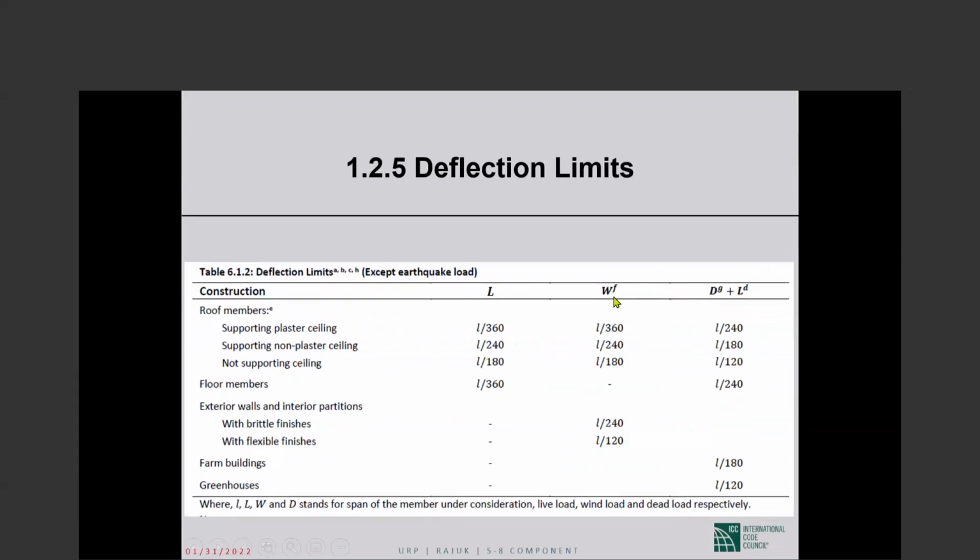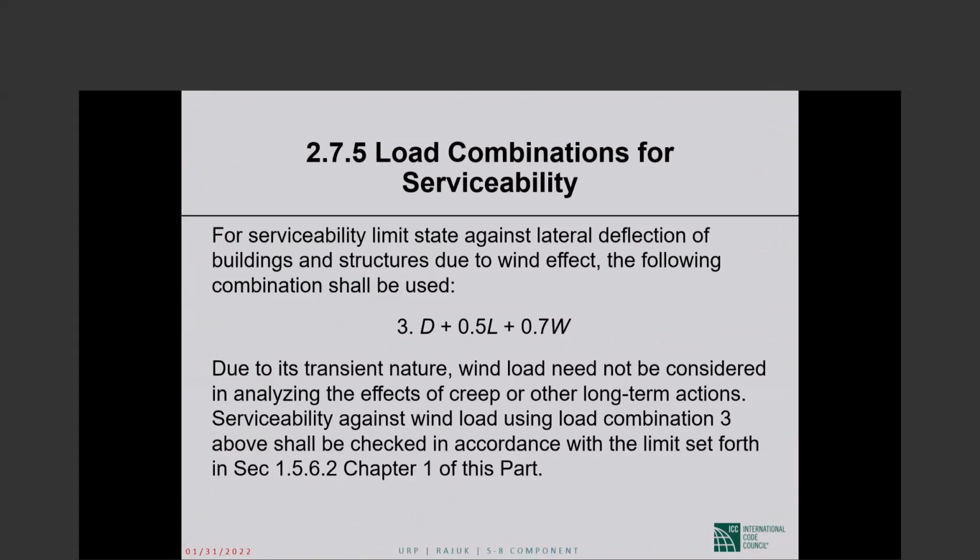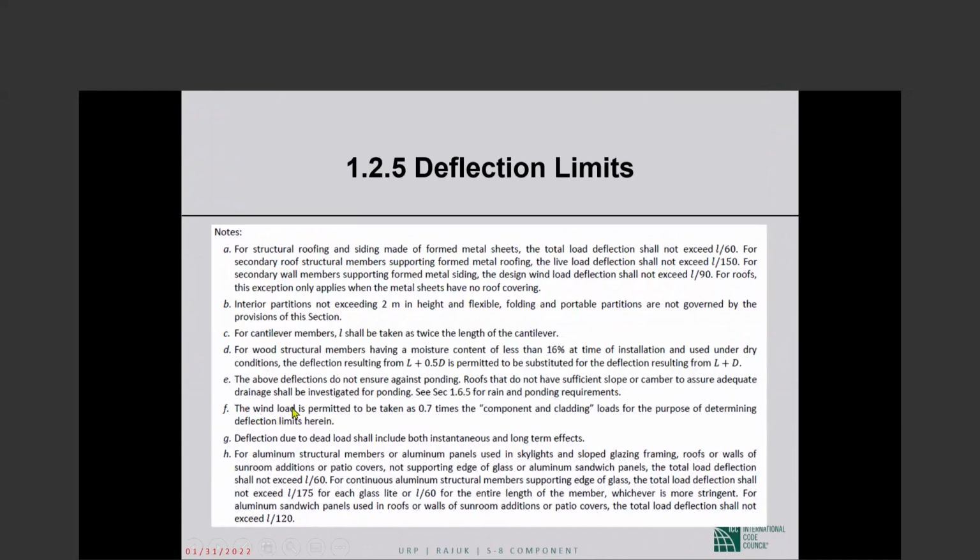There is a footnote F on the limits on wind deflections that are given in the table. And footnote F says the wind load is permitted to be taken as 0.7 times the component and cladding loads for the purpose of determining deflection limits herein. Component and cladding loads, when we go into wind design, you will see there is design of the main wind force resisting system, and there is design of component and cladding.